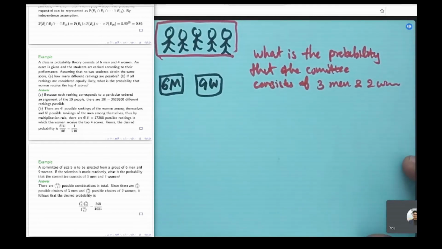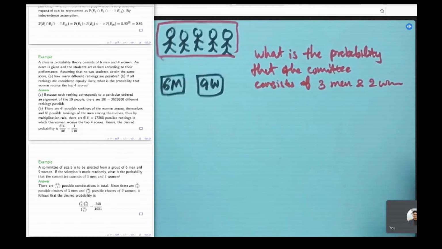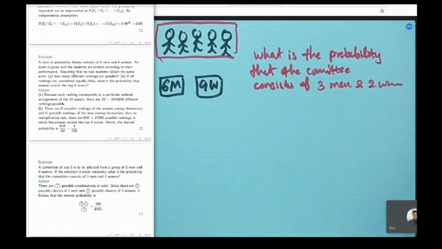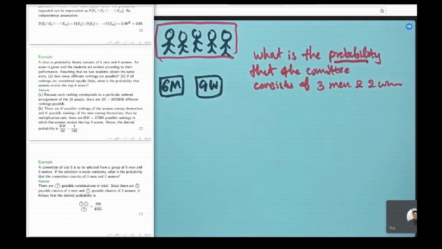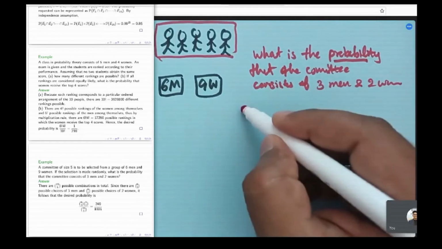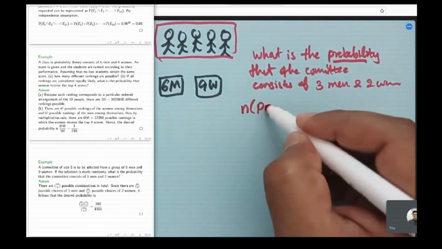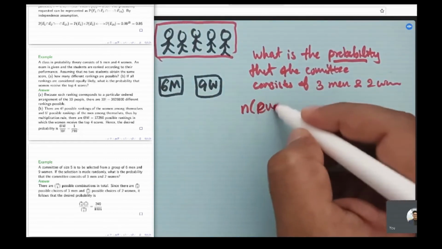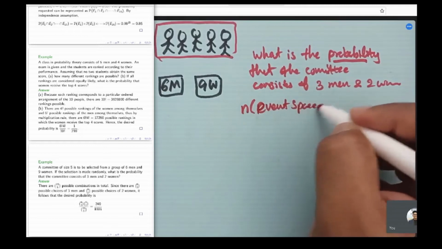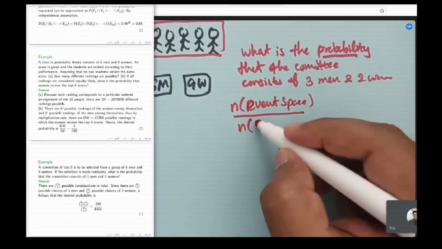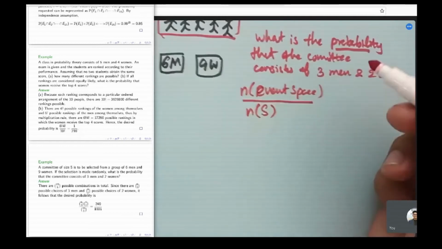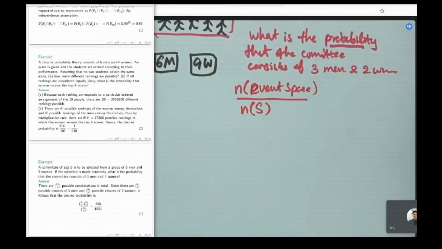The question is directed towards calculating the probability. So if you are looking at the probability, you have to get the number of possible outcomes of the event space and then divide by n of S, the sample space.